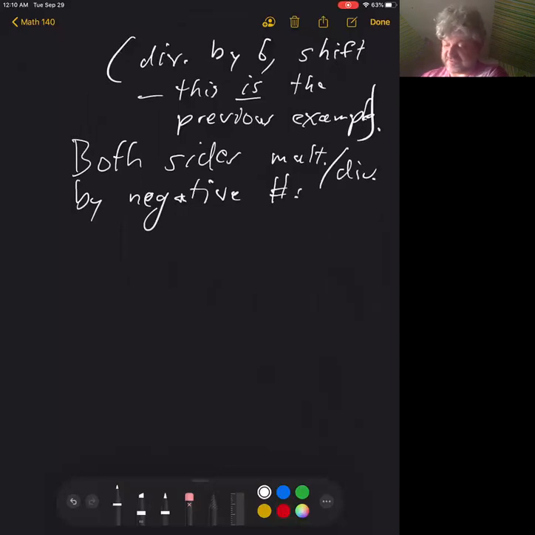Some simple examples. Absolute value of negative 2v strictly less than 8. There, I want to divide both sides by 2 or multiply by 1/2. Actually, I want to divide by negative 2. Or do I? No, positive 2 because it's inside the absolute value.